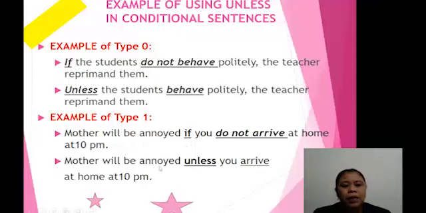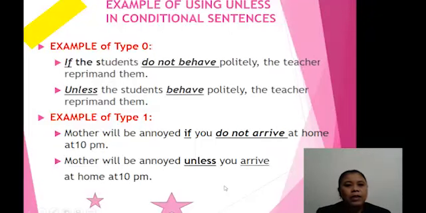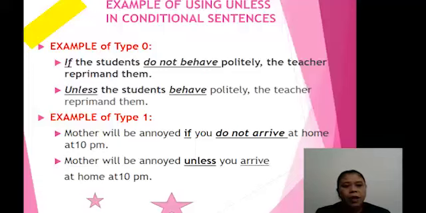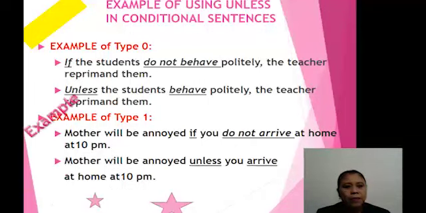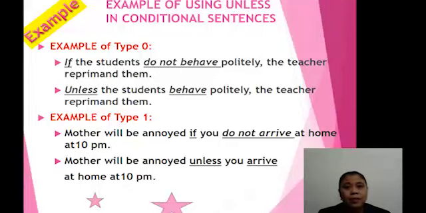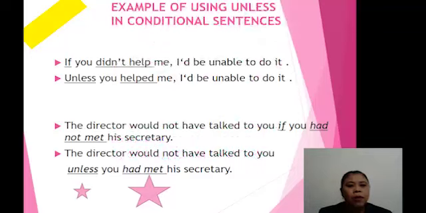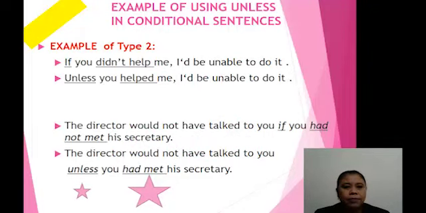Mother will be annoyed unless you arrive at home at 10 p.m. Okay, from the examples of zero conditional and type 1 conditional sentence using unless, have you understood, students? Learners? Yes? Okay, let's move to the example of type 2 conditional sentence.